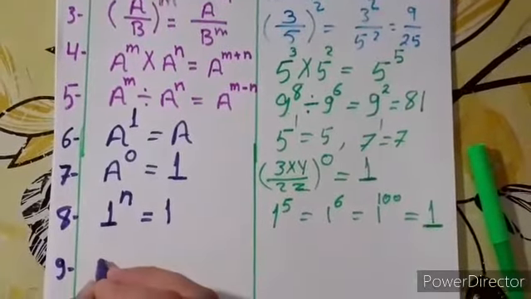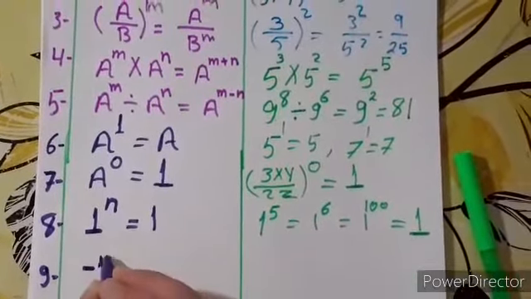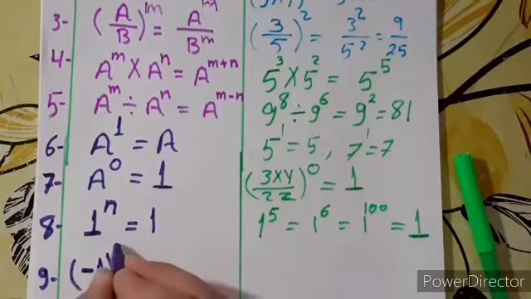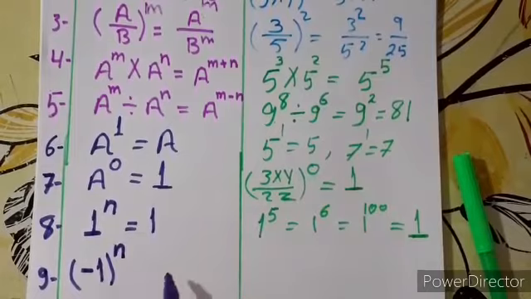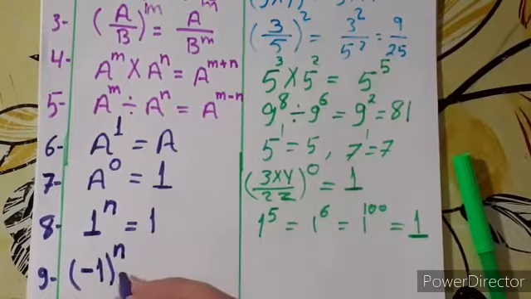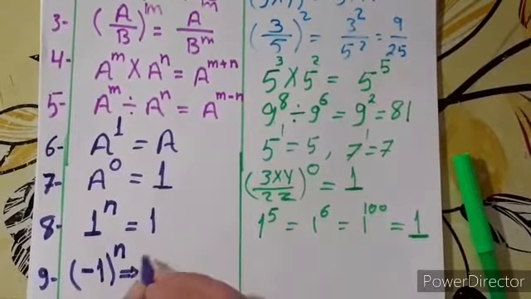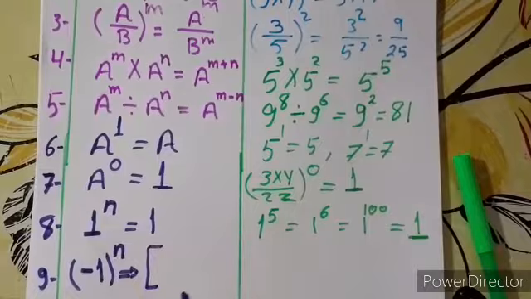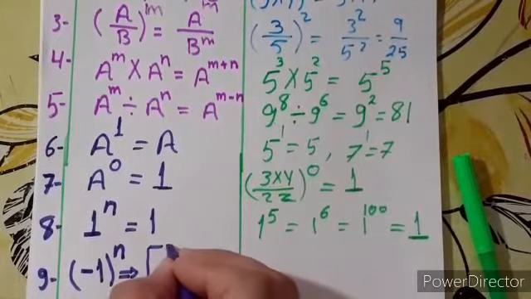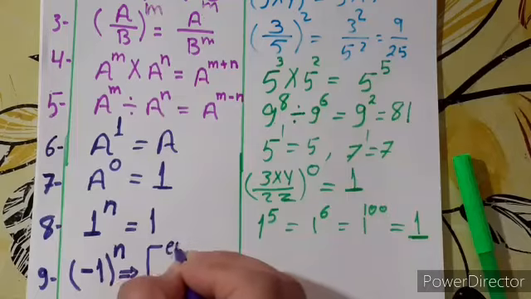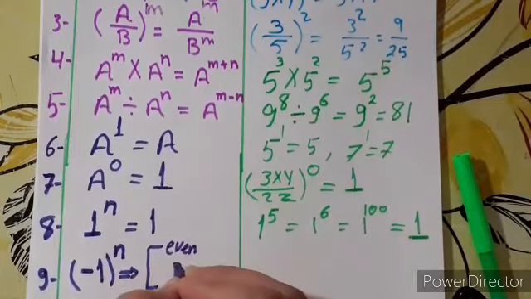Rule number 9. If we have the base -1 and of the power n, now we can say the result equals 1 or -1. We must write two cases. Case number 1, if n is an even power.